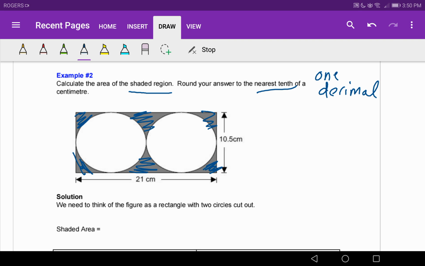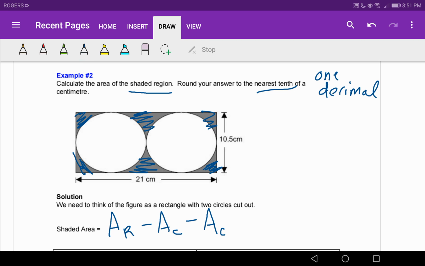So if we find the area of the rectangle, A subscript R, and we subtract the area of A subscript C for circle, minus, because there's 2 of them, another area of the circle, we should be able to find our total area. Okay? We should be able to do that.